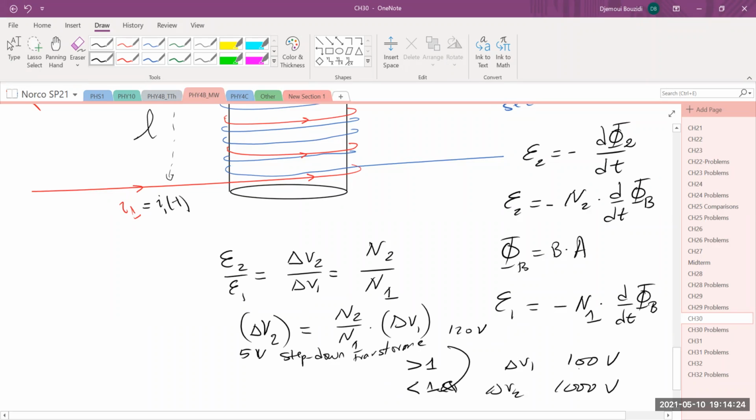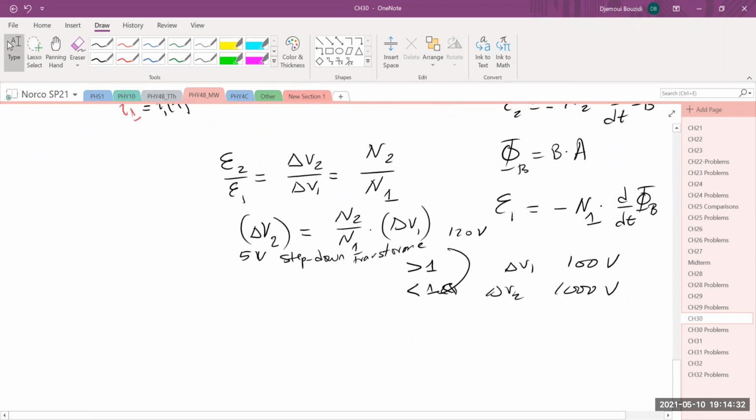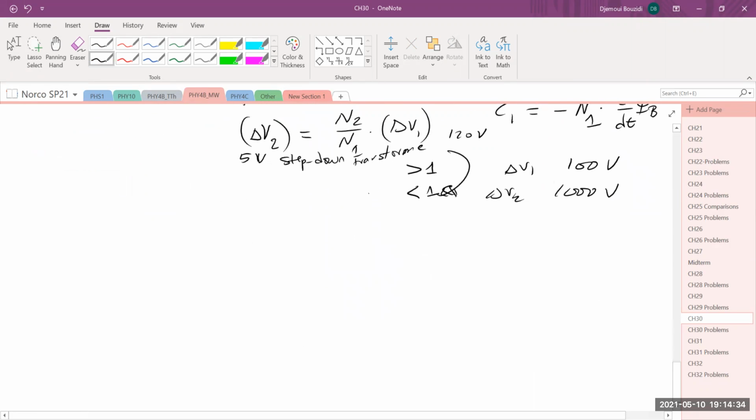So the voltage could be increasing. So this would be a step-up transformer. Most of the industry use step-down transformers, though. So this is the step-up transformer, whereas the first one is a step-down transformer.